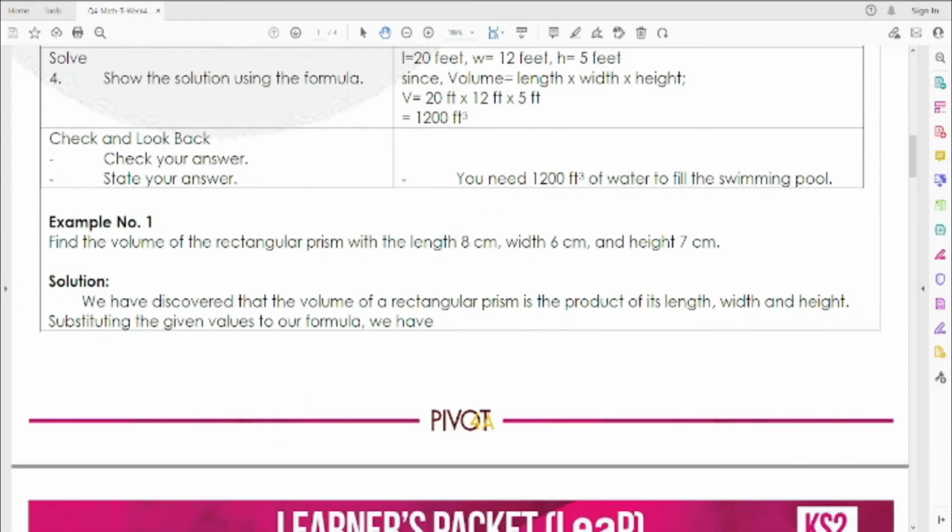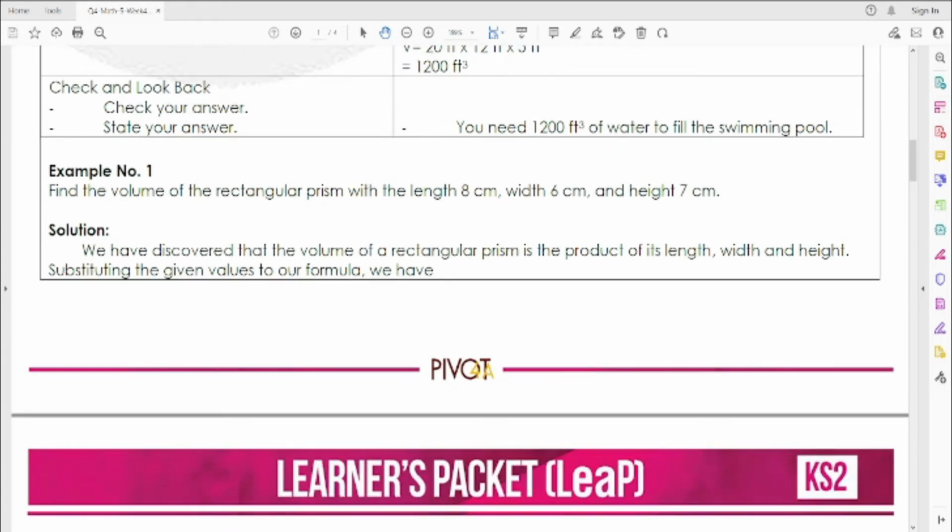Then, let us have more problems. Number 1, find the volume of a rectangular prism with a length of 8 cm, width 6 cm, and height 7 cm. So for the solution, we have to recall that the volume of a rectangular prism is the product of length, width, and height.